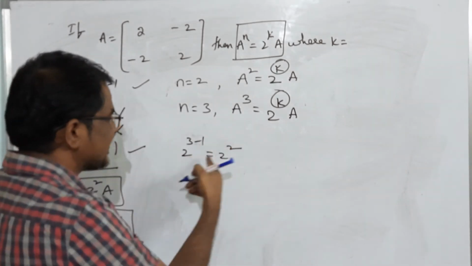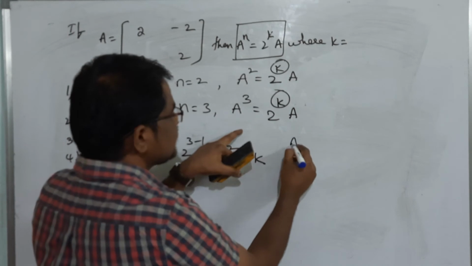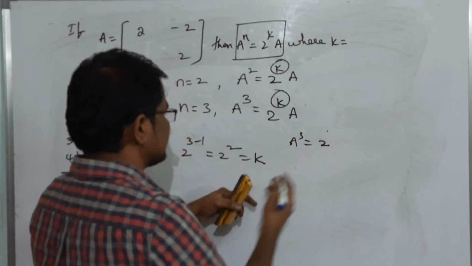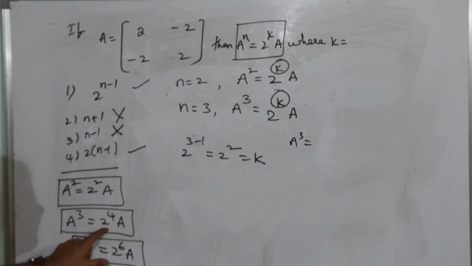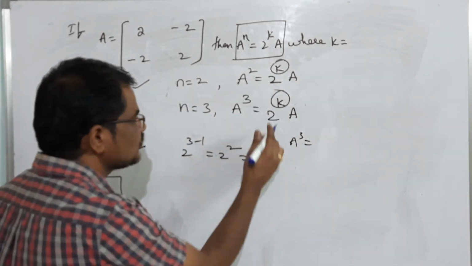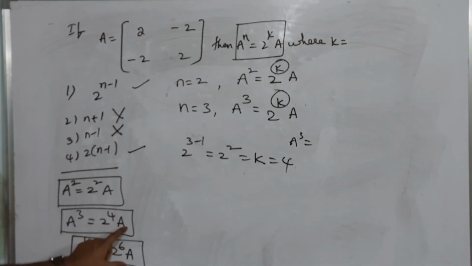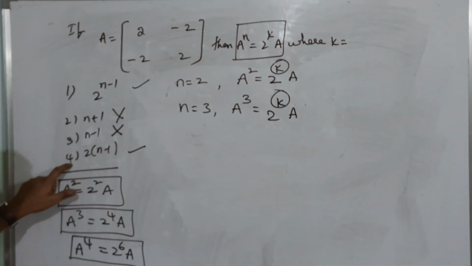So k equal to 2 square means if you substitute here a cube equal to 2 to the power of, so here 2 square means 4, means satisfying or not? 2 to the power of 4, right? So k equal to 4 means 2 to the power of 4. A cube equal to 2 to the power of 4 into a. So this is satisfying. And what about fourth option?